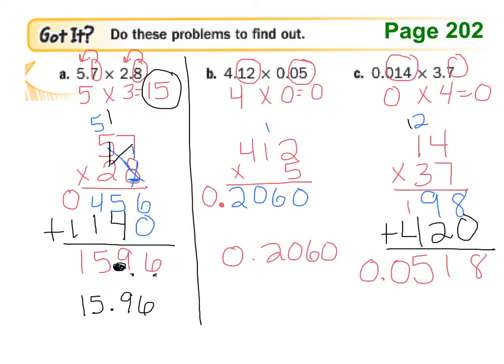Well, then I knew I needed 1, 2, 3, 4 decimal places, but I only had 3 digits. So then I annex or add a 0 in front of it to get that decimal point in the correct place. Right here, and then I added a 0 out front to protect it. So if you have questions, come and see me. Otherwise, continue on with the video.